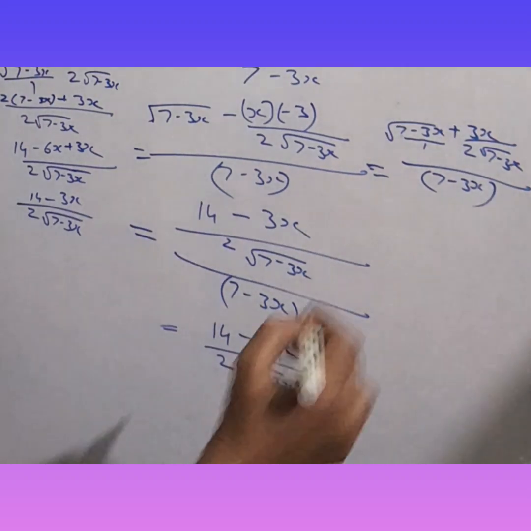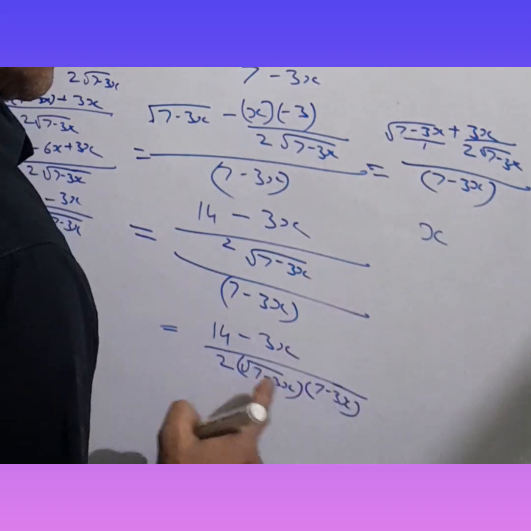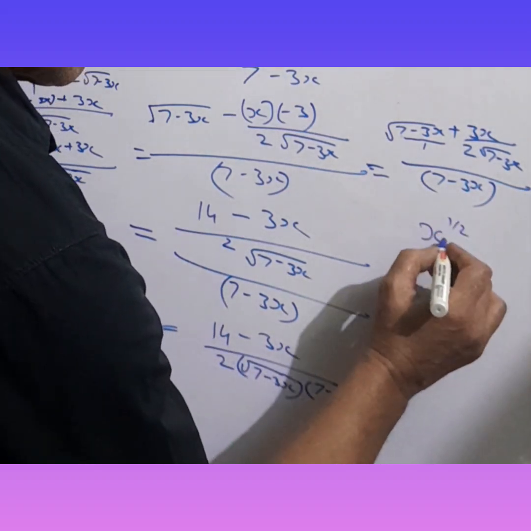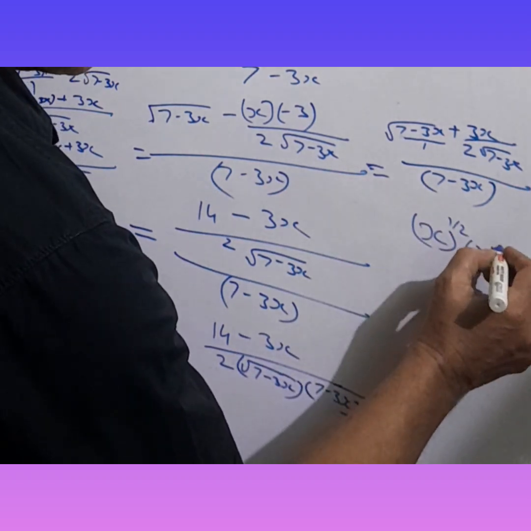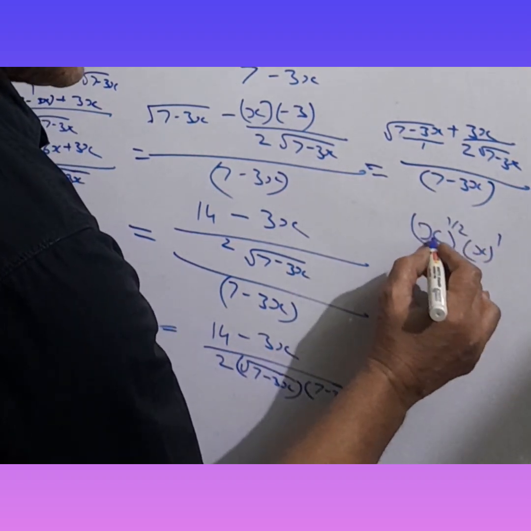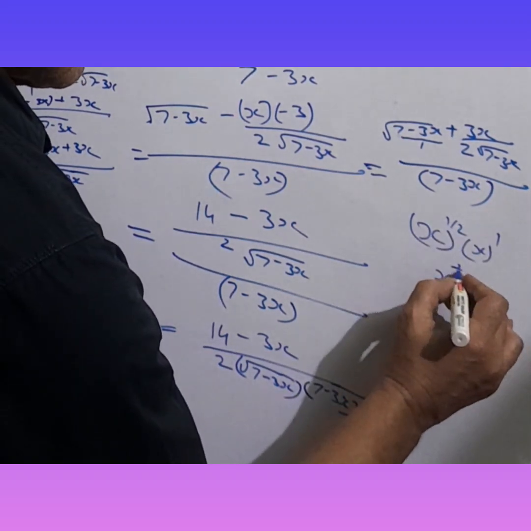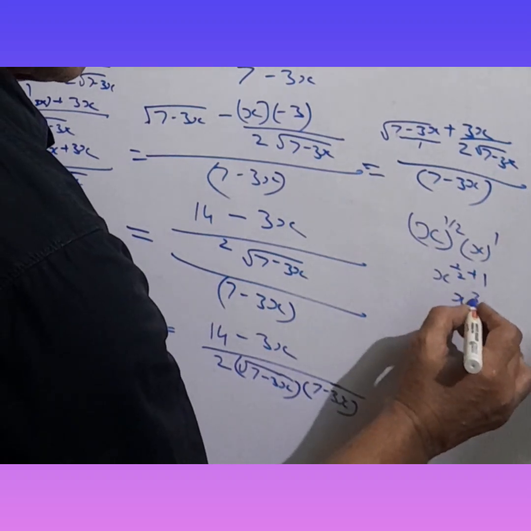Alright, now I hope you are aware about the law of indices. If it is x, this is root, so this is x raised to half, alright, multiplied by x, that is x raised to 1. So in the law of indices, when bases are common, you add the power. So 1 by 2 plus 1 comes to x raised to 3 by 2.